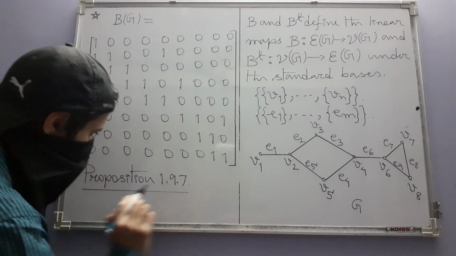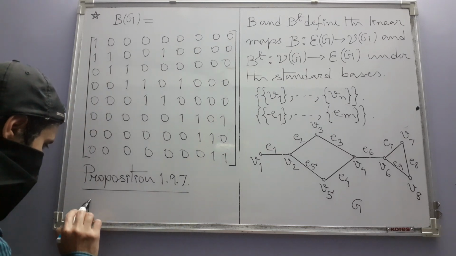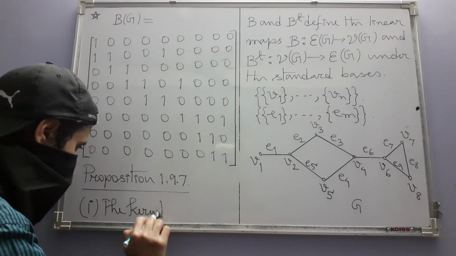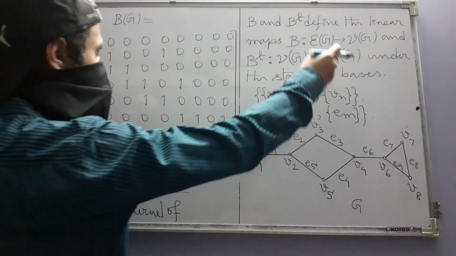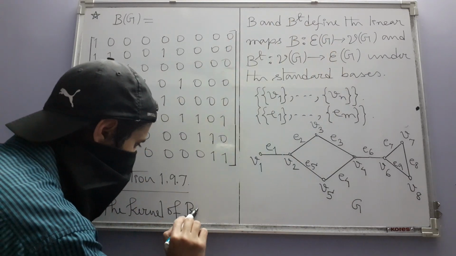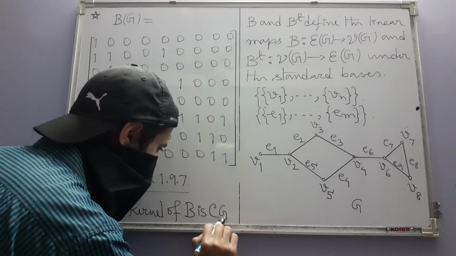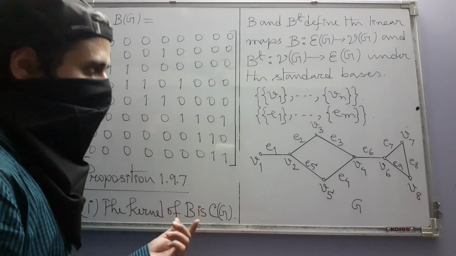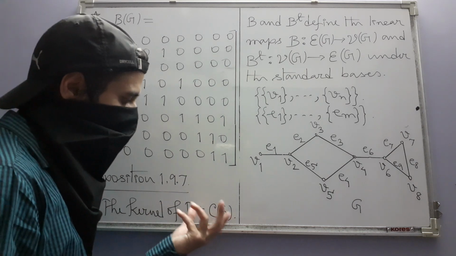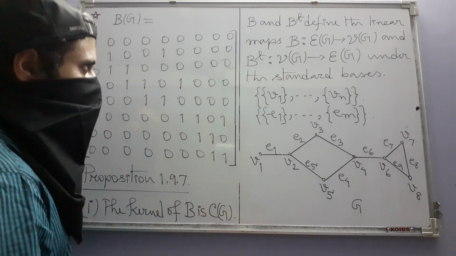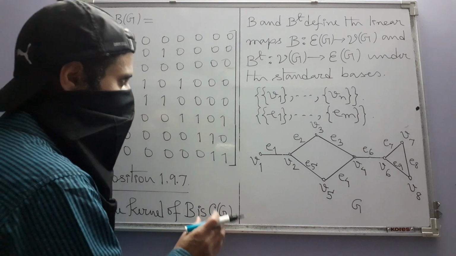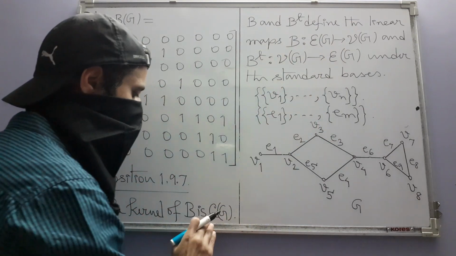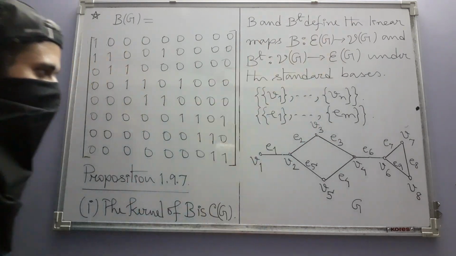It has two parts. Part 1 is this. The kernel of this linear transformation B is nothing but the cycle space of G. So the kernel of B turns out to be precisely the cycle space of G, and it makes sense also because the kernel is a subspace of the domain space. Here the domain space is the edge space, and this is a subspace of the edge space.